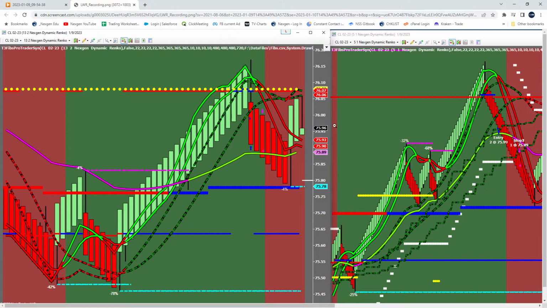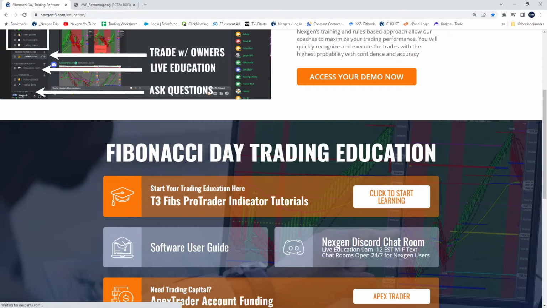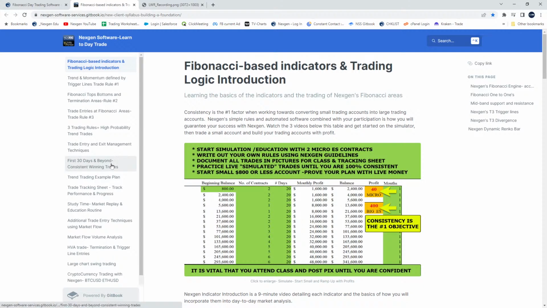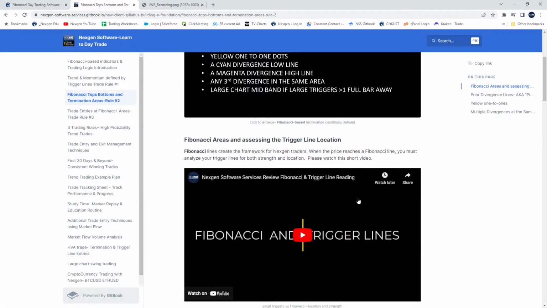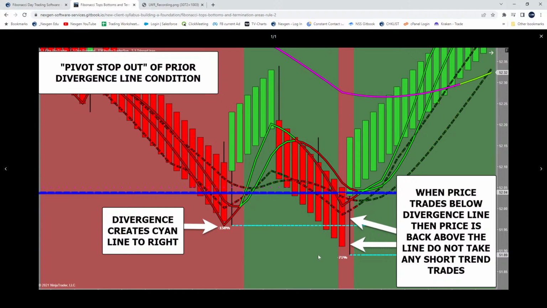And again, you know, I hate to say it's the wrong trade. It's not the wrong trade. It became what's called a 50-50 trade. This happens a lot even with one-to-ones.